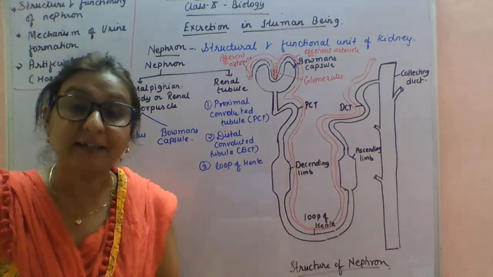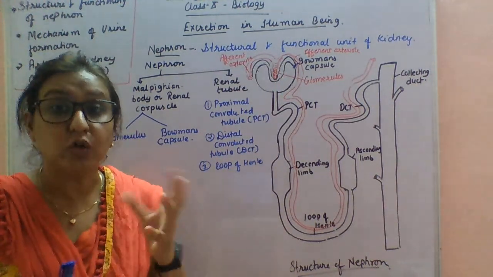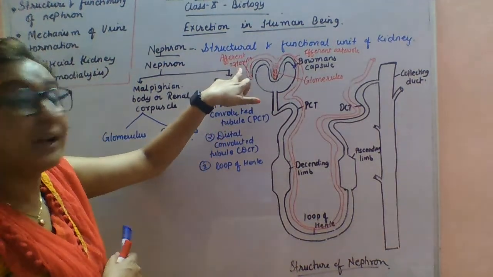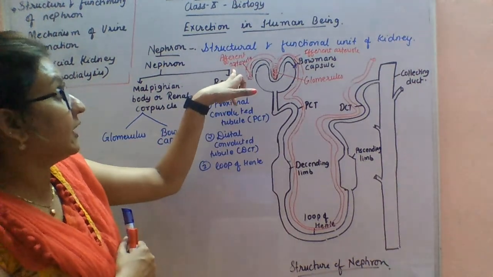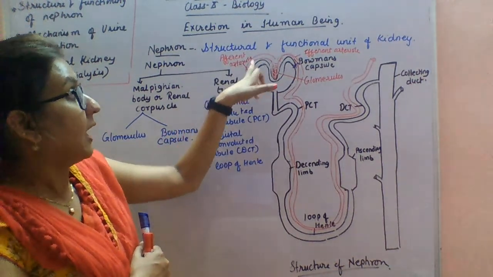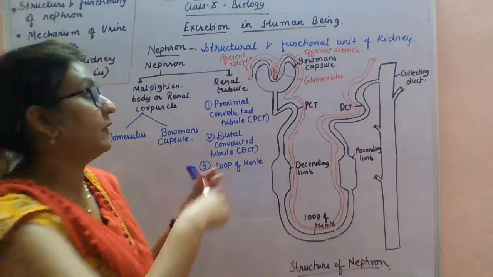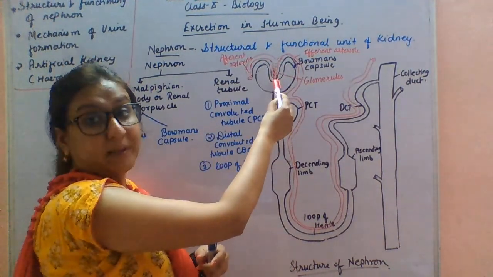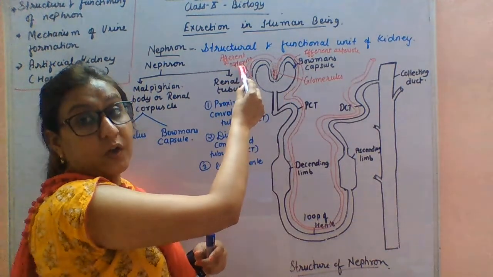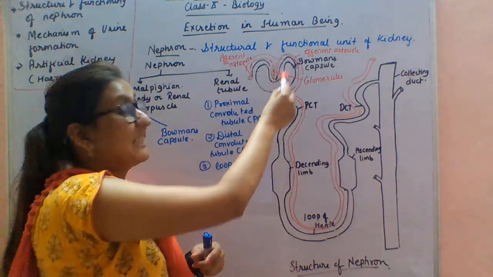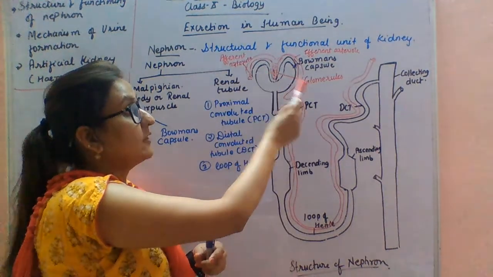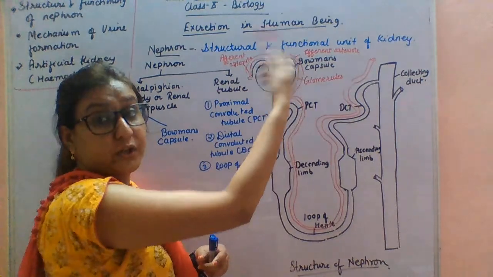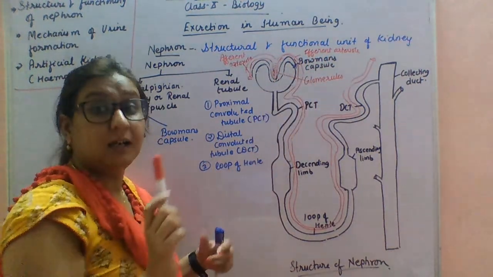I explained to you the blood enters the kidney through the renal artery. So the renal artery divides to form the afferent arteriole, and after going down into the Bowman's capsule, this afferent arteriole divides to form a tuft of capillaries, that is called the glomerulus. And again the glomerulus reunites to form the efferent arteriole.